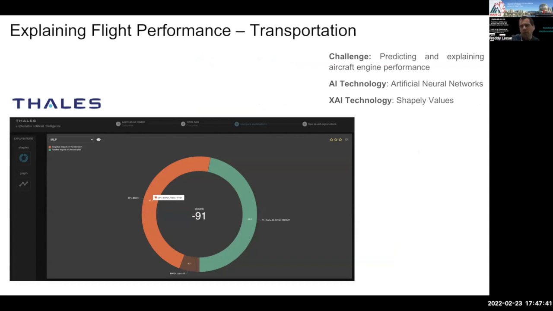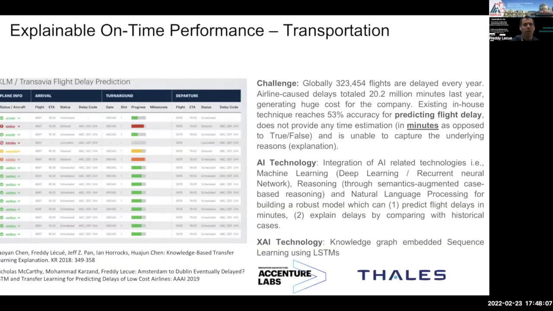When a plane is landing, there's a right level of inclination, and you try to predict what might be the right one depending on the weather conditions, and you need to find the right explanation. So we provide tools for explaining why we end up with this particular decision, and that's a combination of features, and we use the platform I just described earlier.